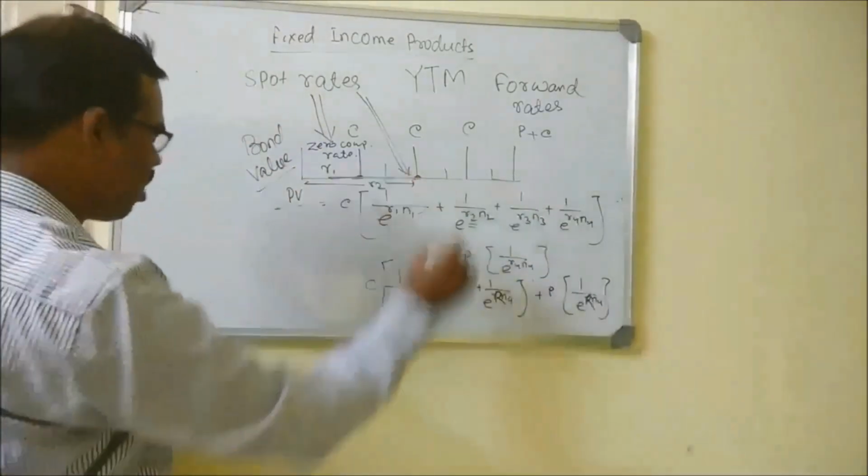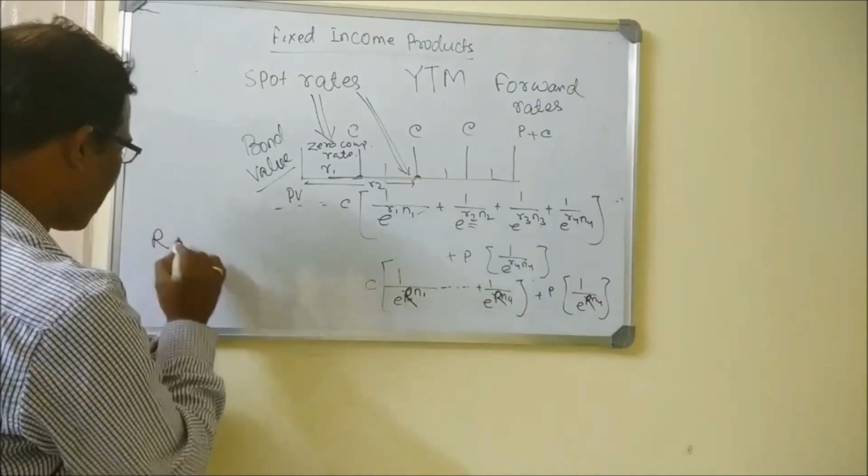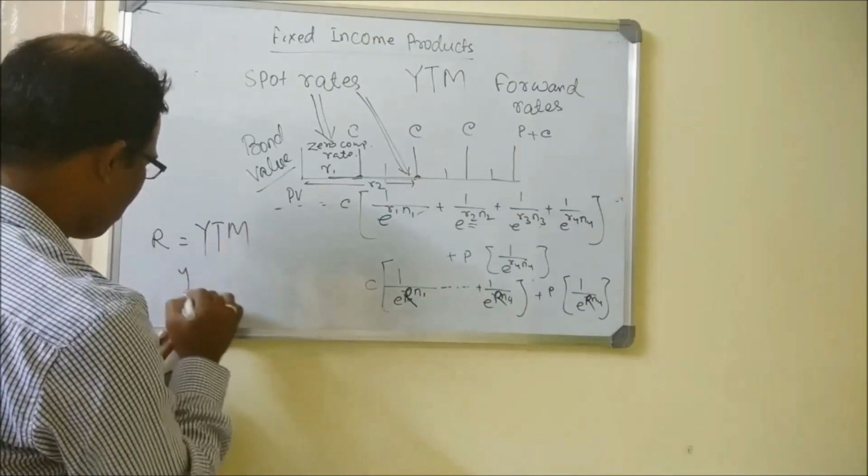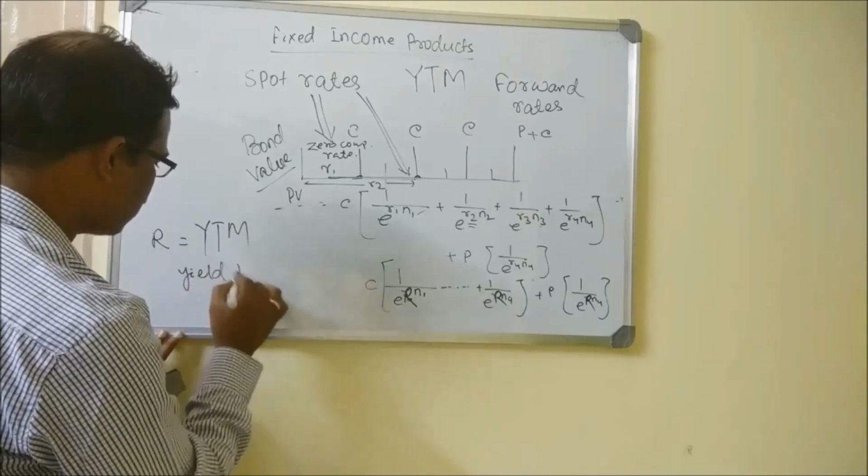So once you solve this equation, you will find R, and this R is known as YTM, or yield till maturity.